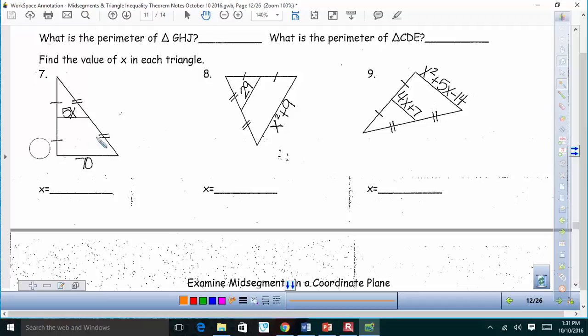Which one would you rather do? Okay, we'll do 2 times mid-segment equals the bottom. So what would that look like? Very good. So we're going to multiply 2 times 5x is 10x equals 70. To get x by itself, we divide by 10, and x equals 7.